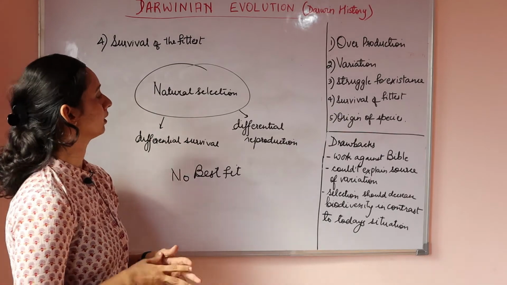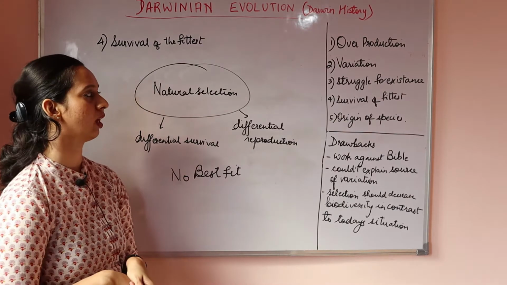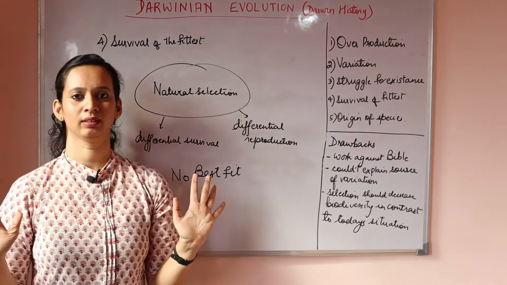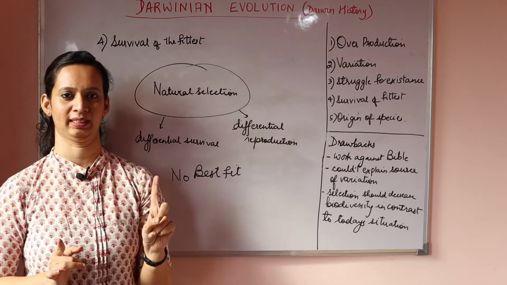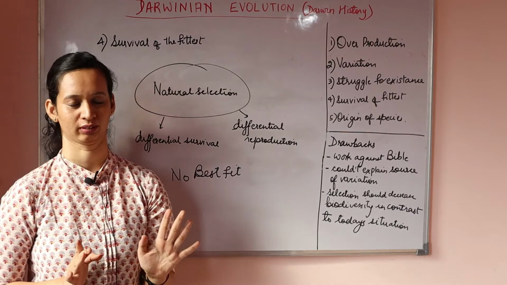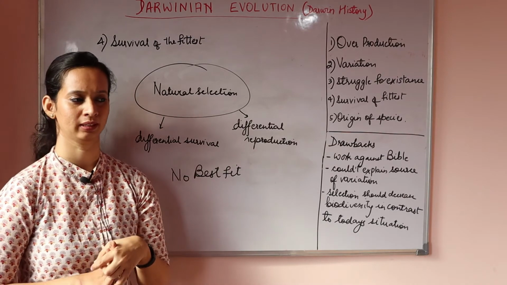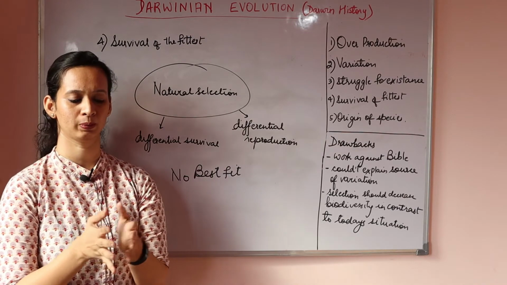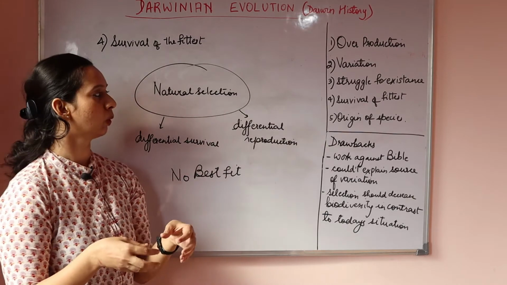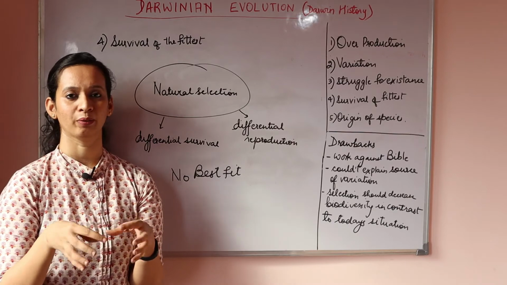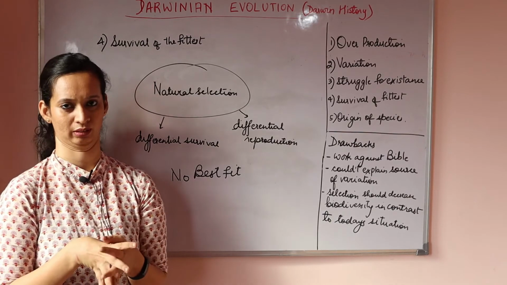So now the fourth one is survival of the fittest. In Darwin's theory, there is one term which occurs very specifically, and it is called natural selection. What natural selection means is, suppose two species are competing for the same resource, then if one wins, selection has acted on it.